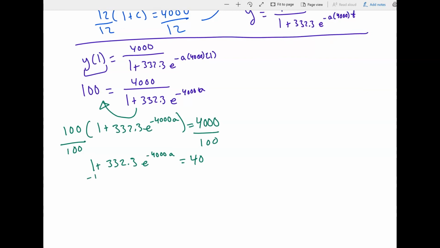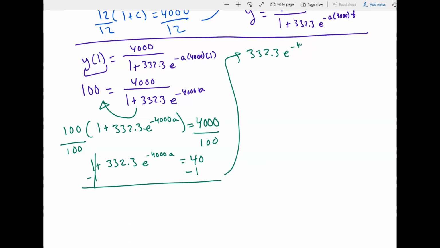First let me subtract 1. What I'm going to get is 332.3 e to the negative 4,000a is equal to 39.